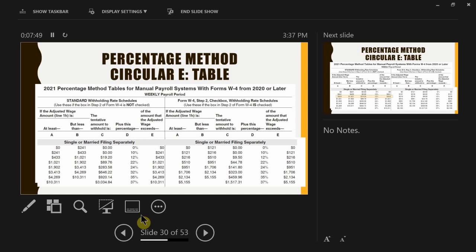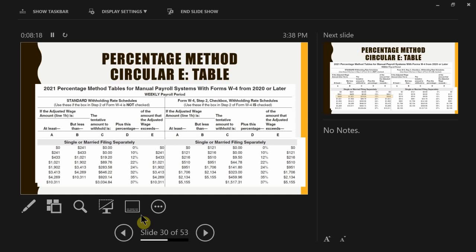Our assumption is that because she has no significant other, she's filing as a single person. Therefore, she can be sure that the box in step 2 is unchecked. She doesn't have a spouse, so she can't claim her spouse's income. On top of that, she doesn't have a secondary job. She only has a primary job. So the check in step 2 is a no.